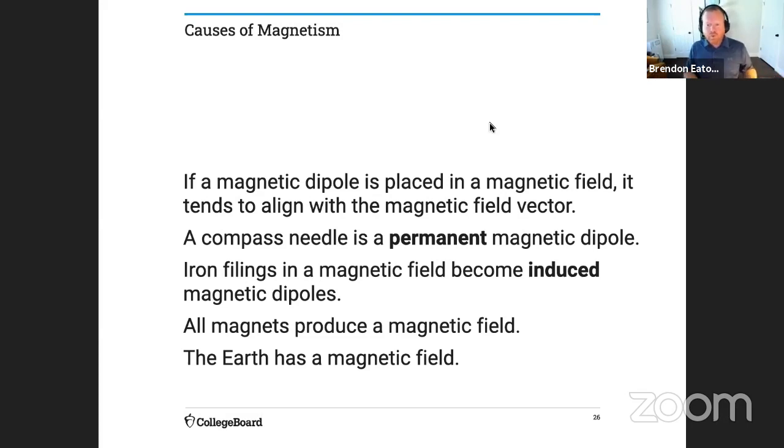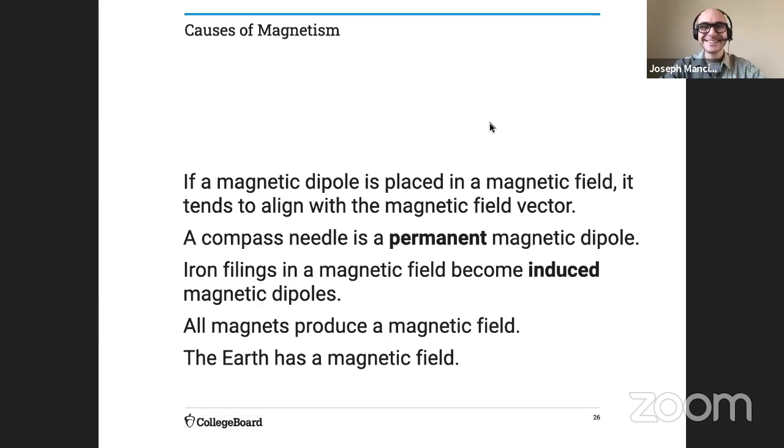They would try to point in the exact same direction. But a compass needle, what's a compass needle made out of? It's probably some sort of permanent magnetic dipole material. And why does it work the way that it does? Well, it's trying its best to align with the Earth's magnetic field. So that's why it points to, we'll get into that next lesson. I'm not going to get into that right now.